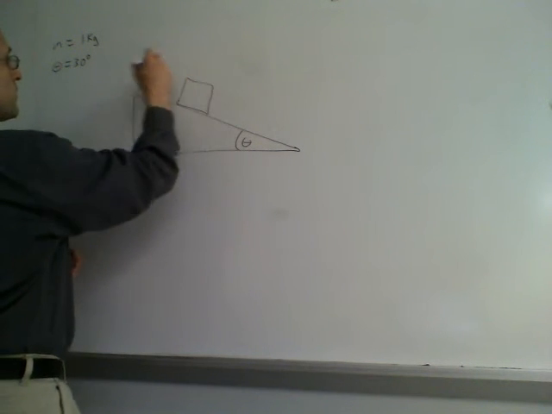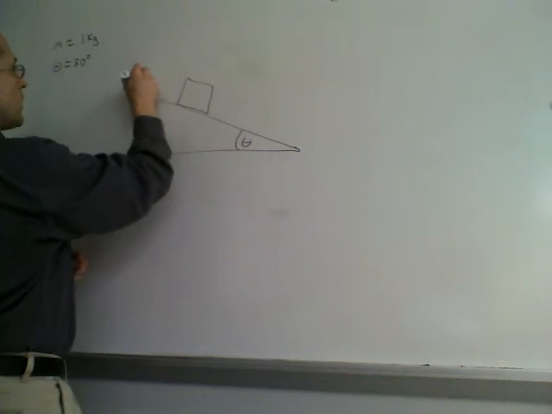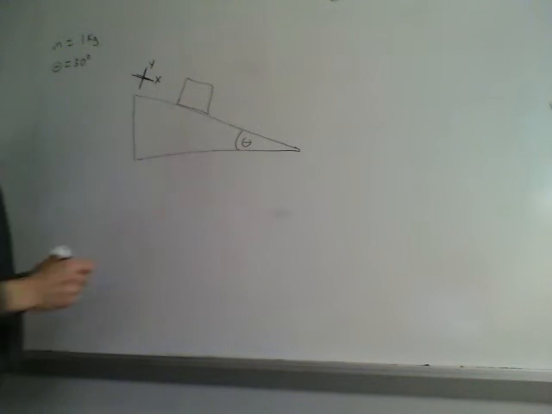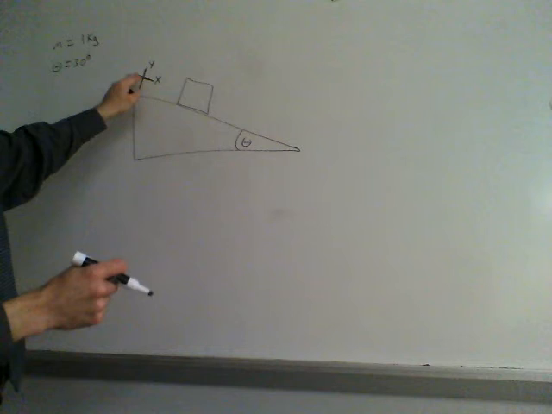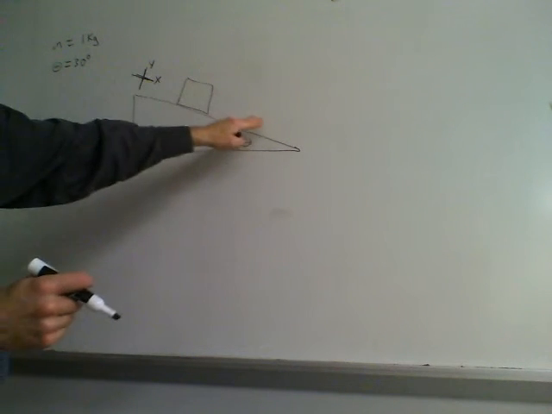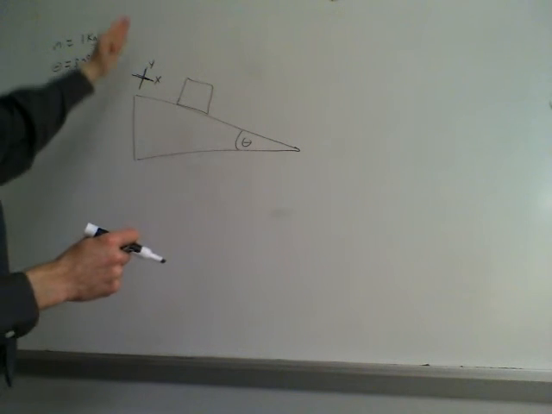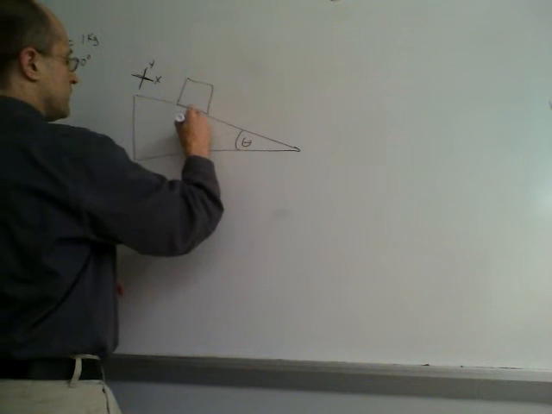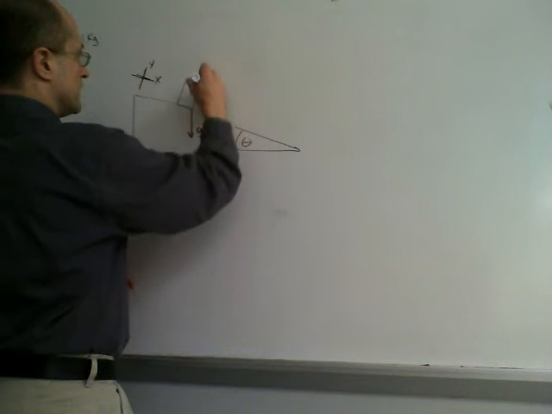Whenever we have an inclined plane, we always rotate our reference frame so that the x-axis is parallel to the plane and the y-axis is perpendicular. We know that gravity pulls the block straight down.